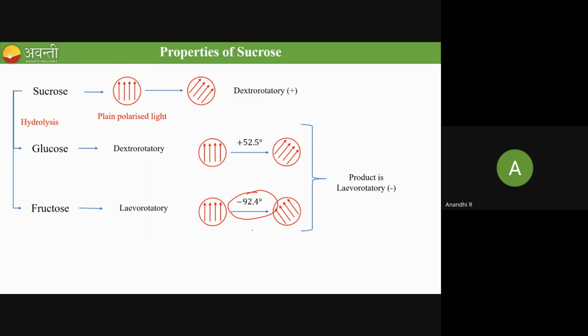It is anti-clockwise, means it is levorotatory in nature. So sucrose is dextrorotatory, but the products are levorotatory in nature. So hydrolysis of sucrose brings about a change in the sign of rotation from plus to minus. That's why the product is named invert sugar. Its rotation is getting inverted from plus to minus.